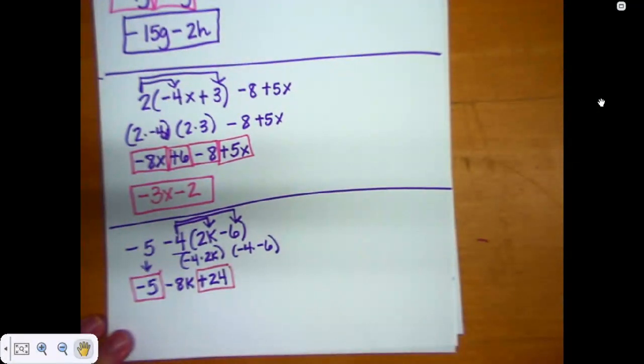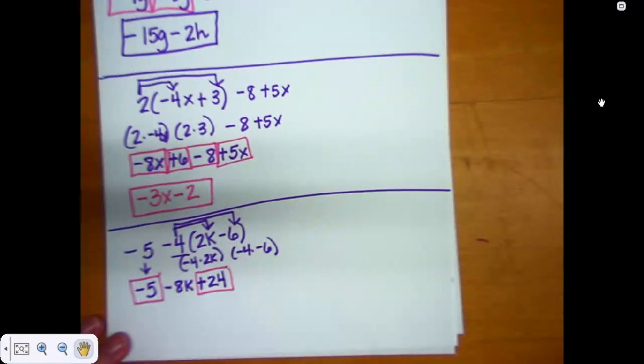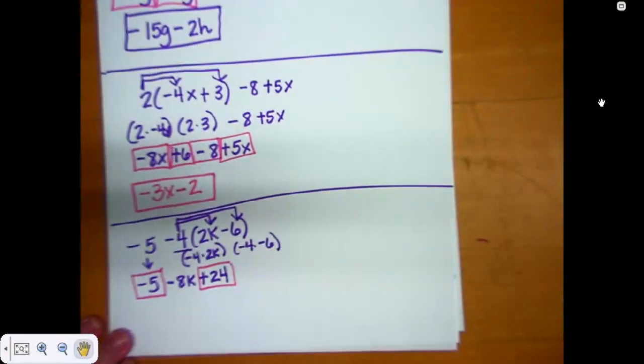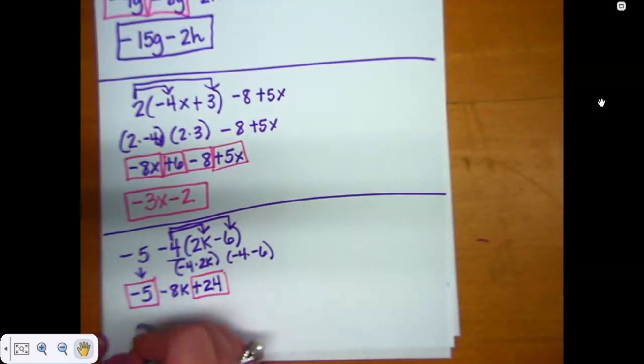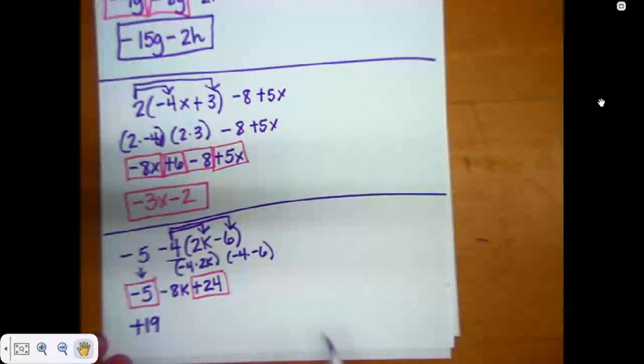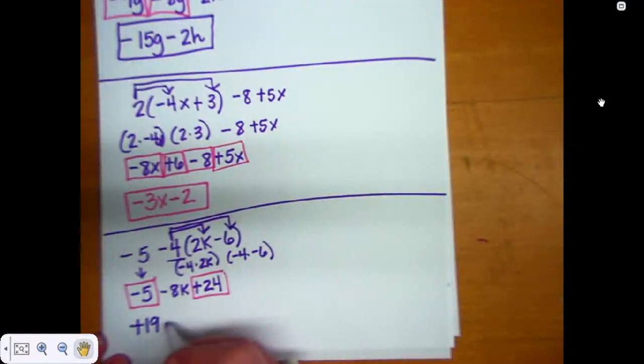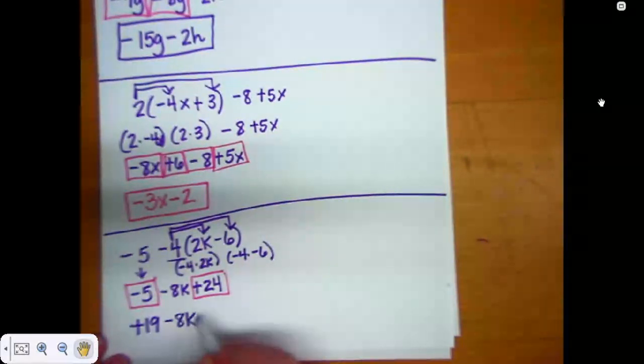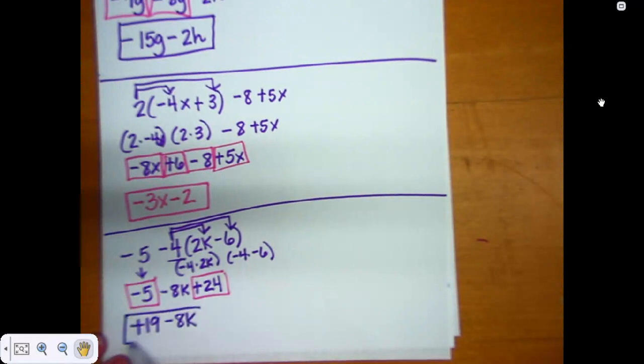So my signs are different, so I'm going to subtract. 24 minus 5 is going to be 19. I think it's 19. And it's positive 19. And I'm going to bring down my negative 8k. So this is the most simplified version of this that I can get.